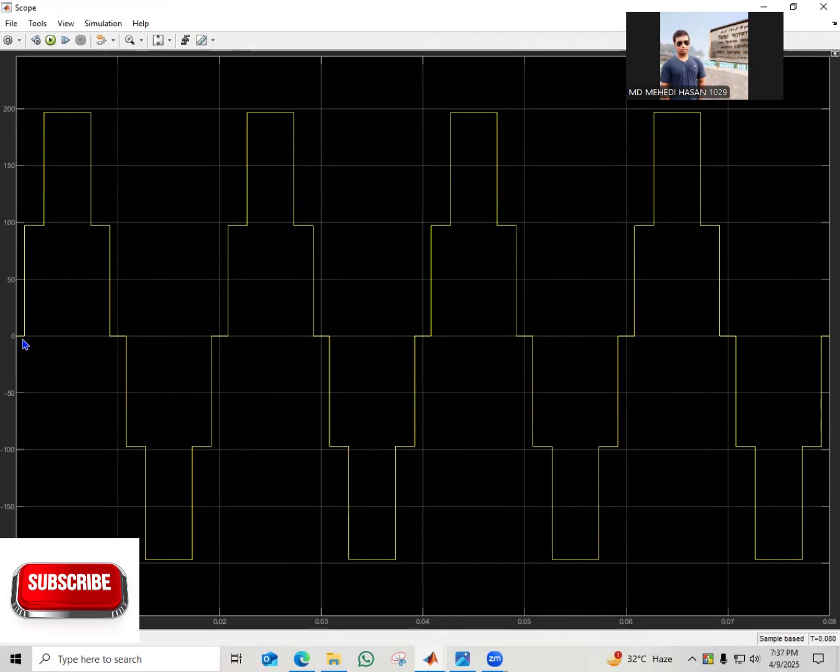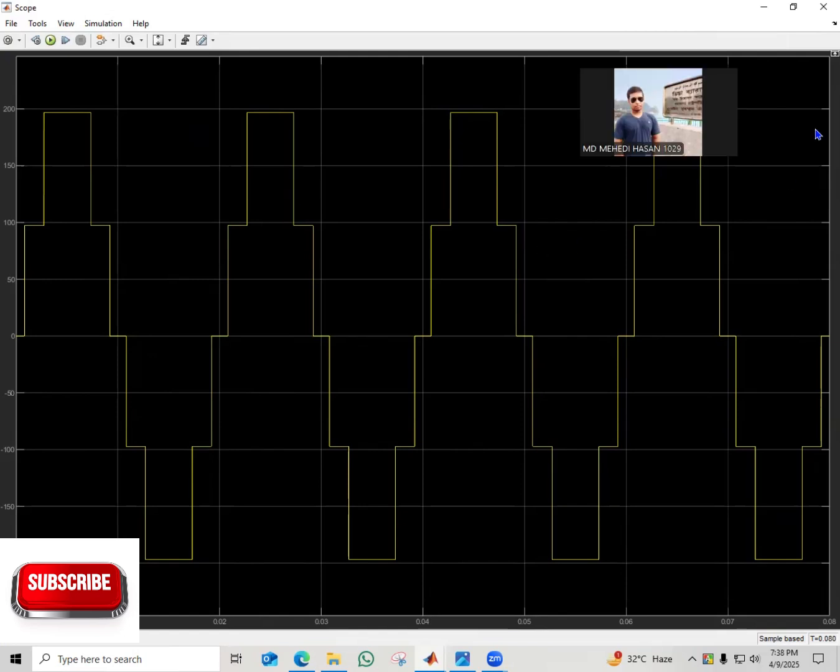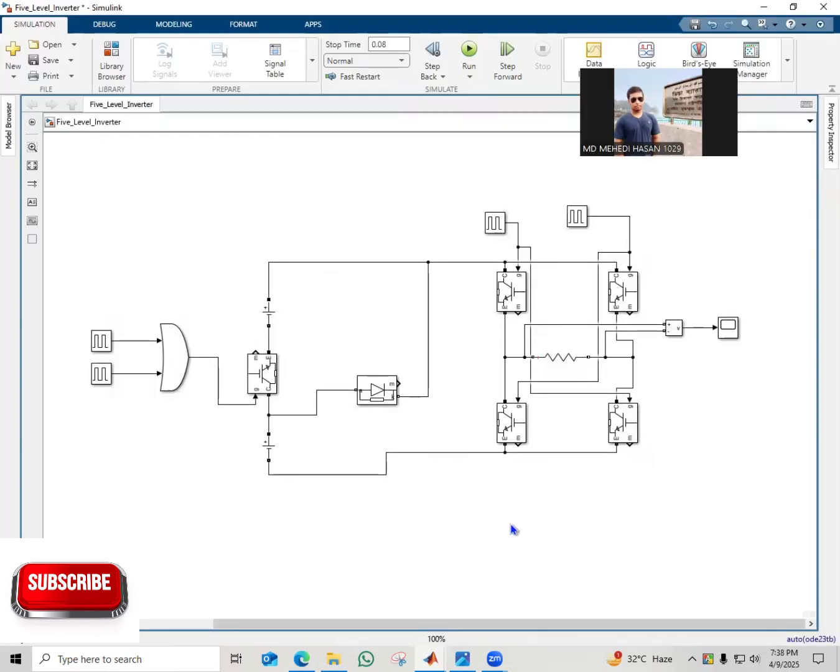You can see here that this is the positive half cycle, 0 to 100. This is the first voltage level, and from 100 to 200 this is the second voltage level, and this will be replicated on the negative side, and this is the output finally achieved. So this is the process of simulating a multi-level inverter using the cascade voltage source method.